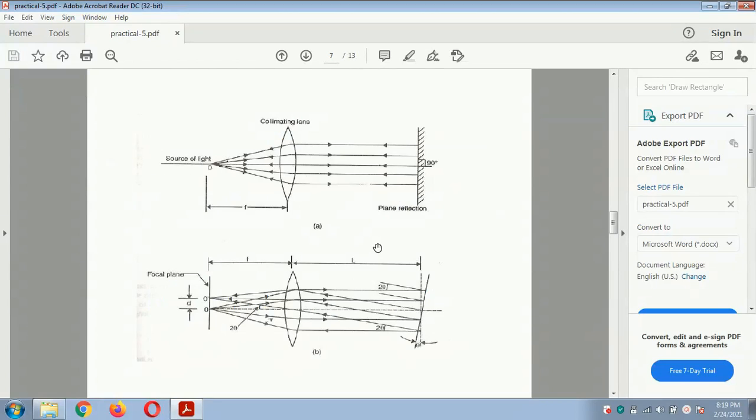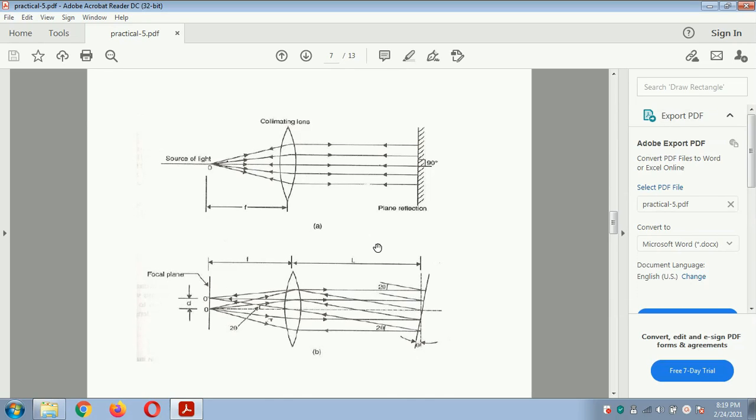This is the diagram related to the angle. The first diagram indicates the collimator lens and the light source. The light source is focused on the collimating lens and projected on the reflecting plane at an angle of 90 degrees. The reflected light is displaced by some distance d, and the rays reflected from the plane are deviated by the angle 2θ. If the plane is tilted by the angle θ, then the reflected angle changes by 2θ.